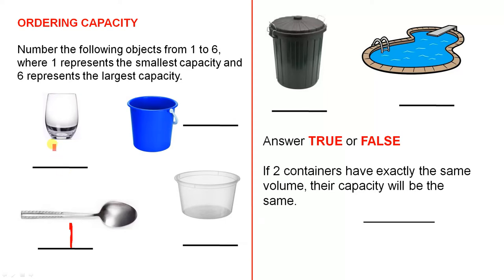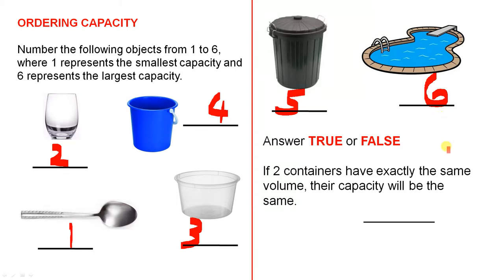That's just a normal glass, so I think you'd agree that that could be second. That's probably the third largest. Now given that that's a big garbage bin there, that's probably the fourth largest. Then we have this one. And it's obvious that this swimming pool here will hold the most amount of water.